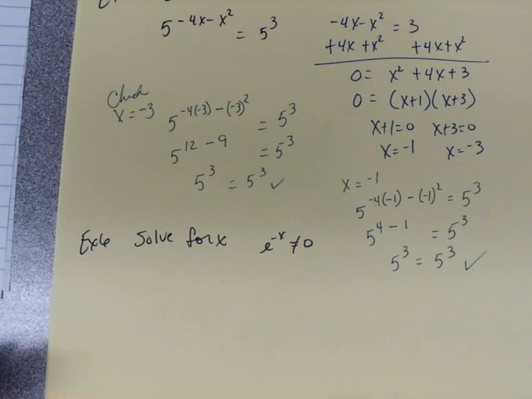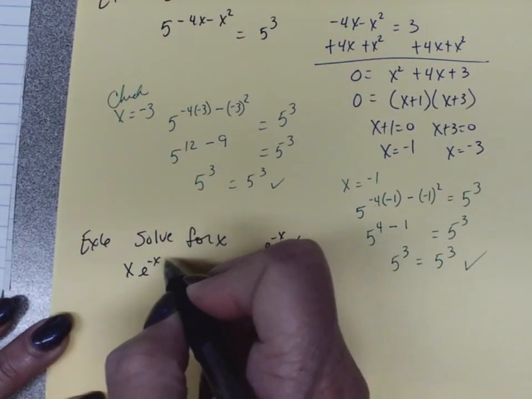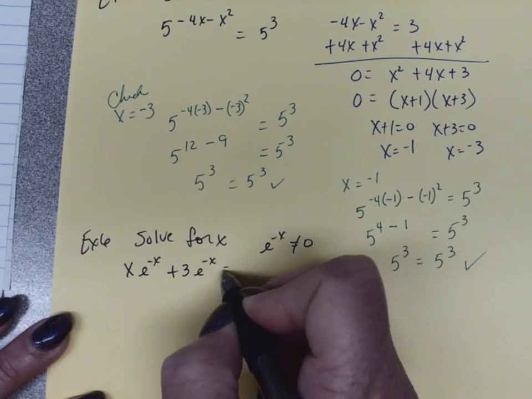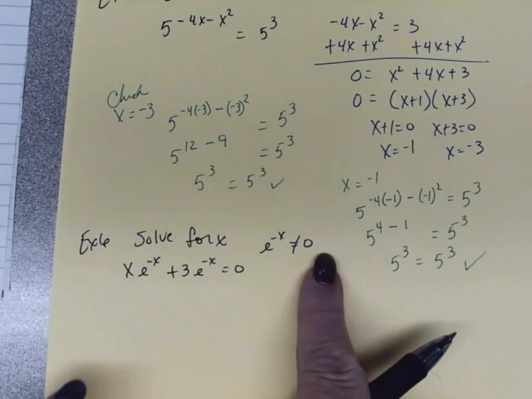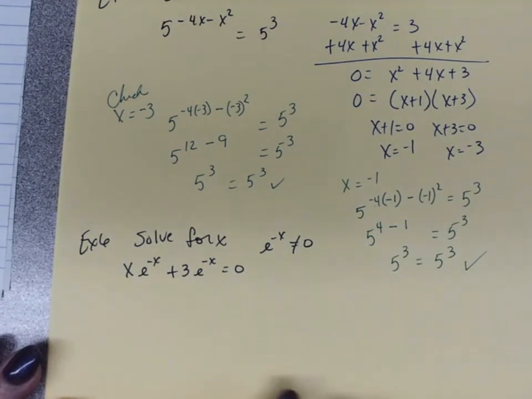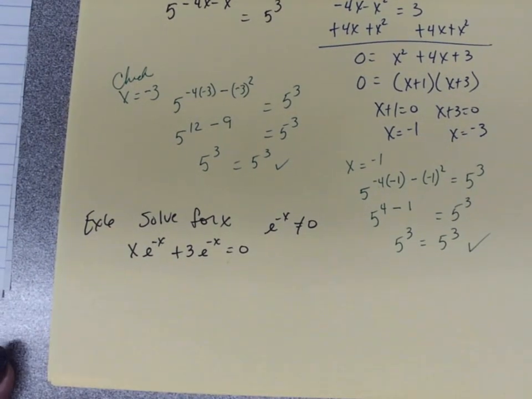Okay? So here is our function. We have x times e to the negative x plus 3e to the negative x equals 0. It can't be equal to 0 because if it is, our whole equation goes away, because then that means we've got 0 plus 0. So what we're saying is it cannot be.